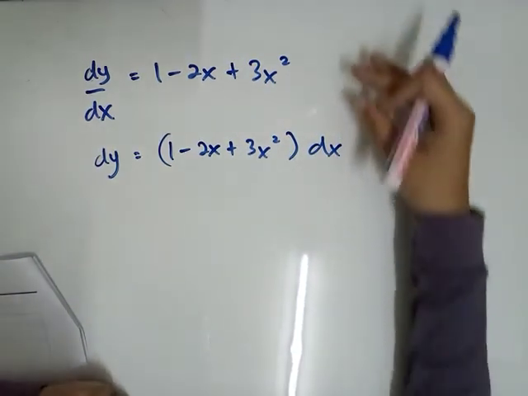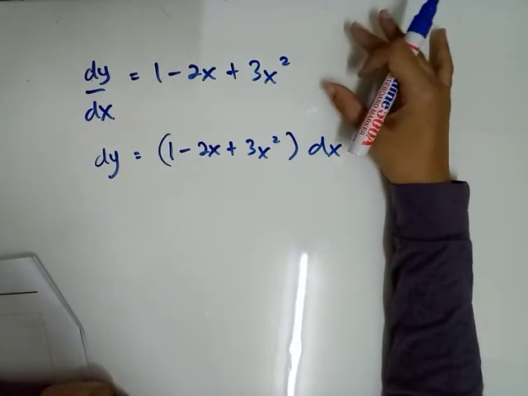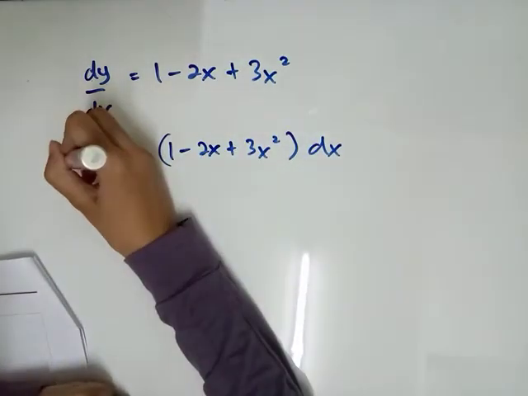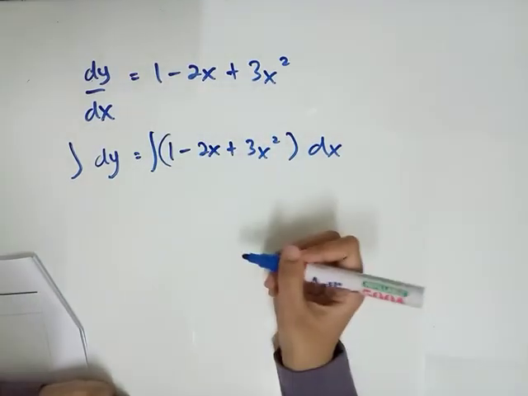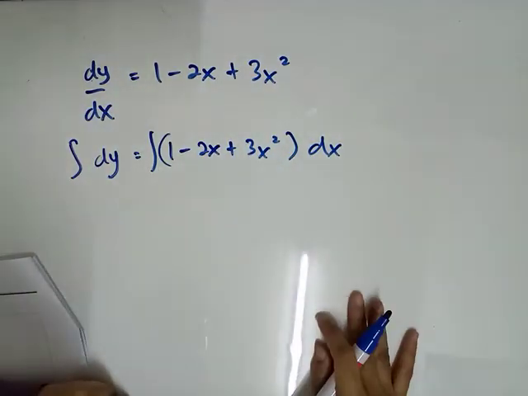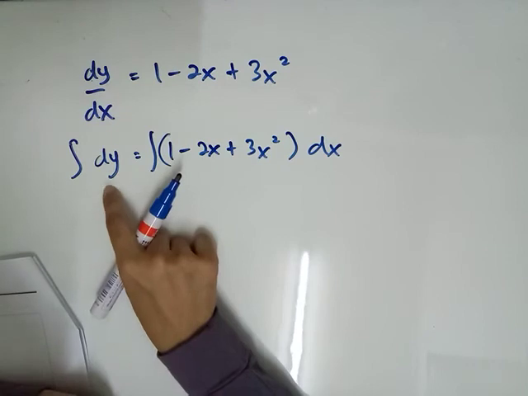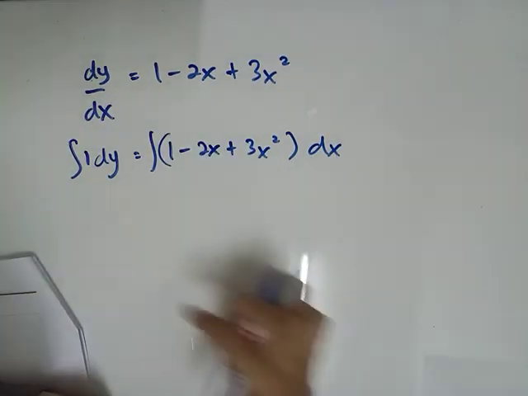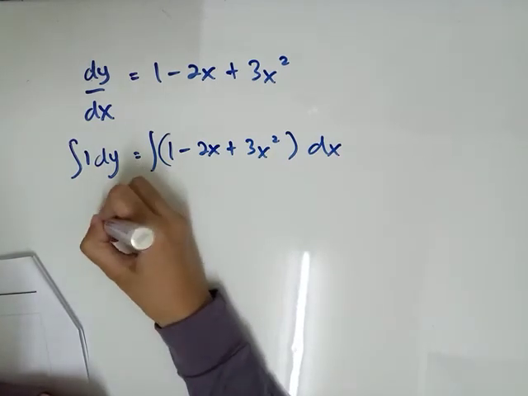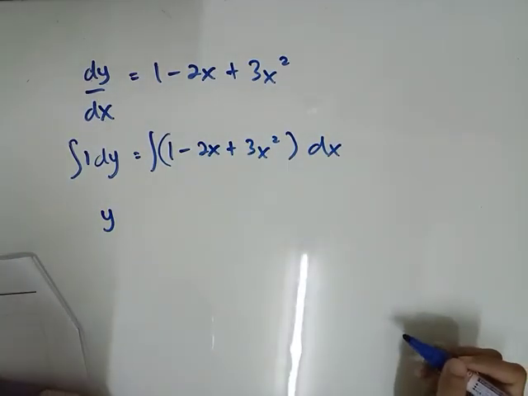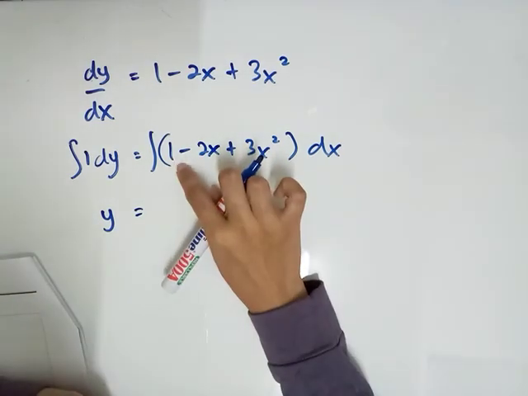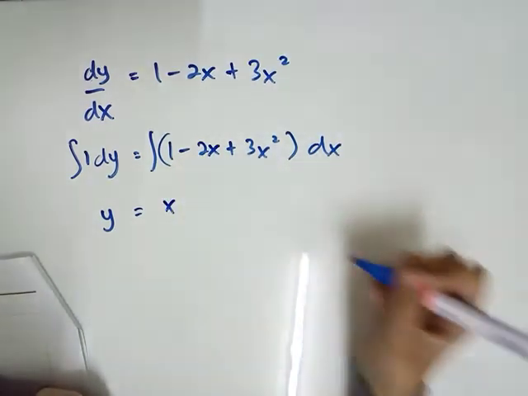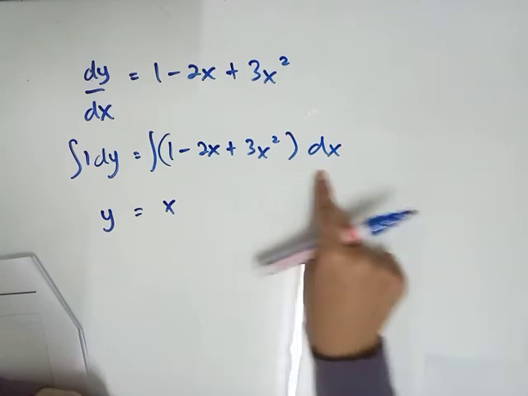Even kita tak ada variable y kat sini, it's okay. Just integrate both sides. Integrate dy. We know that dy ni value dia 1 kat sini, depan dia. So, integrate 1, we get y. Integrate 1, we get x, sebab dia dalam in terms of x.